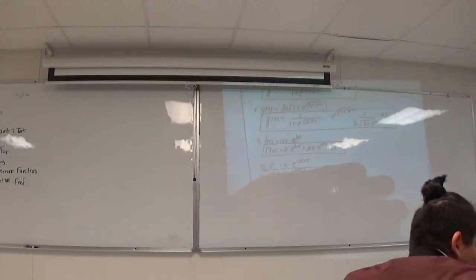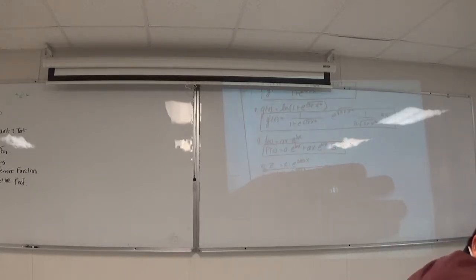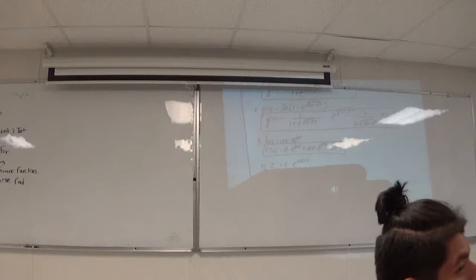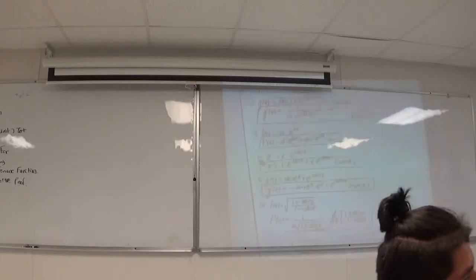But there's another derivative rule here, isn't there? What's the other derivative rule that you see here in number 10? X times e to the cosine of x. Product. Okay? It's a product. She already took chain rule.